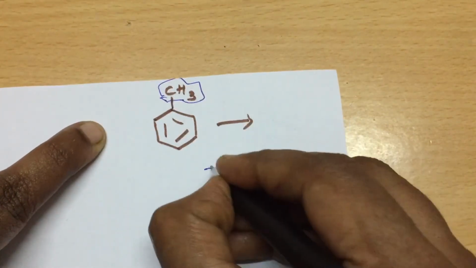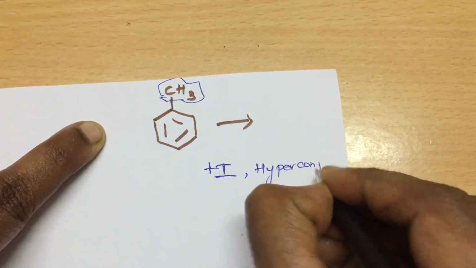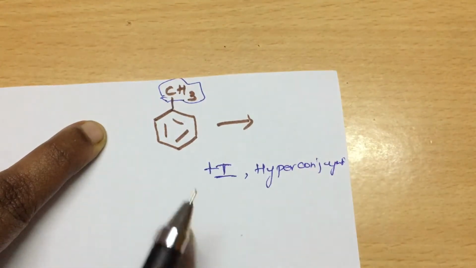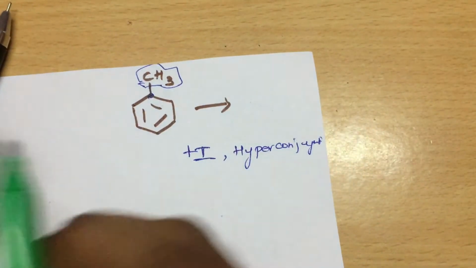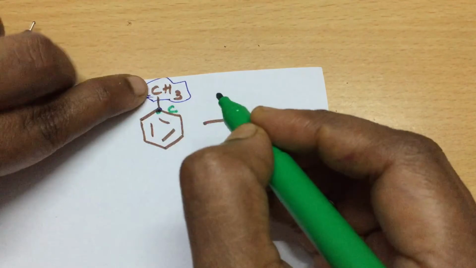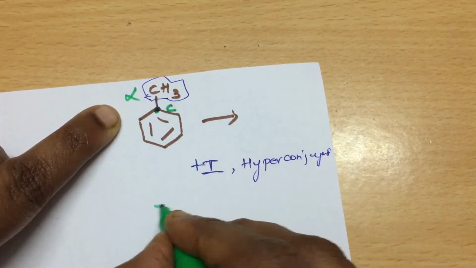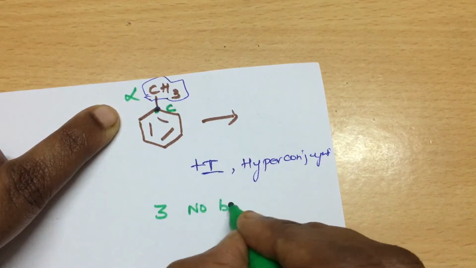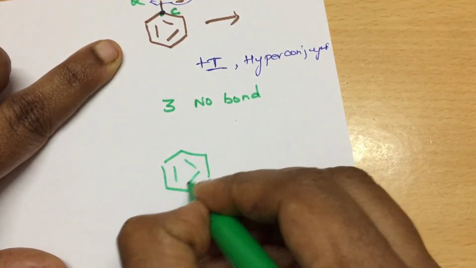What is that? Hyperconjugation. This is plus I, and it can donate electrons by hyperconjugation, because if this is the carbon of interest, the alpha carbon, it has 3 alpha hydrogens, so 3 no bond resonance structures are possible.